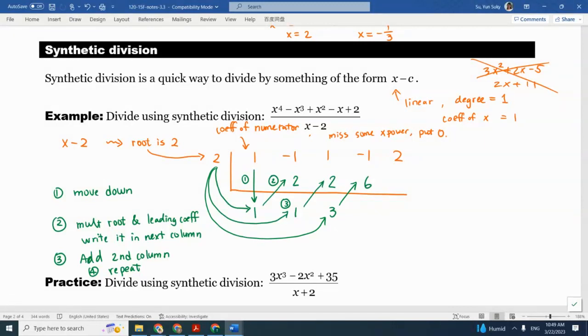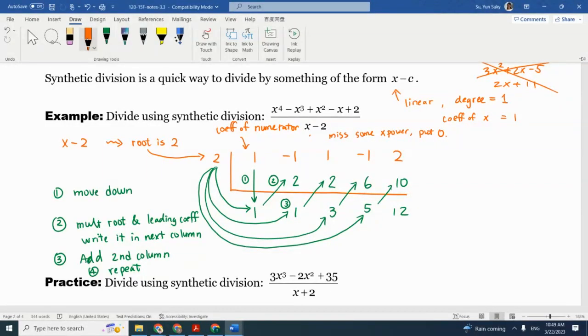Yes, minus 1 plus 6 is 5. And then what do you do? 2 multiplied by 5 is 10. And you put it in the next column. Okay. Dylan! 2 plus 10 is 12.